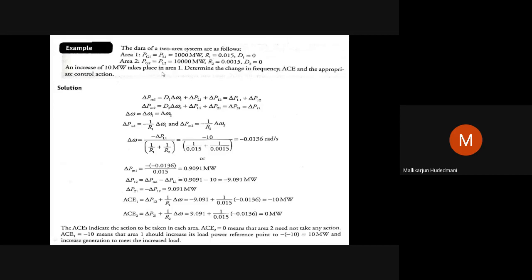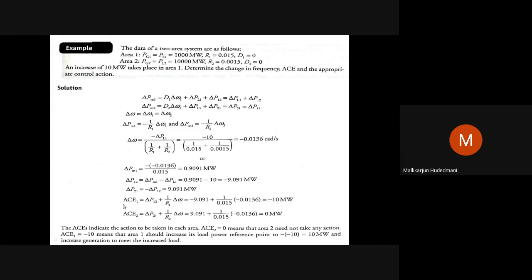After having energy balance, frequency deviation, and pickup taken by area 1, let us compute ACE1, ACE2 using the standard equation. We will come to know who is going to respond for the 10 megawatt. So exactly 10 megawatt is responded by ACE.